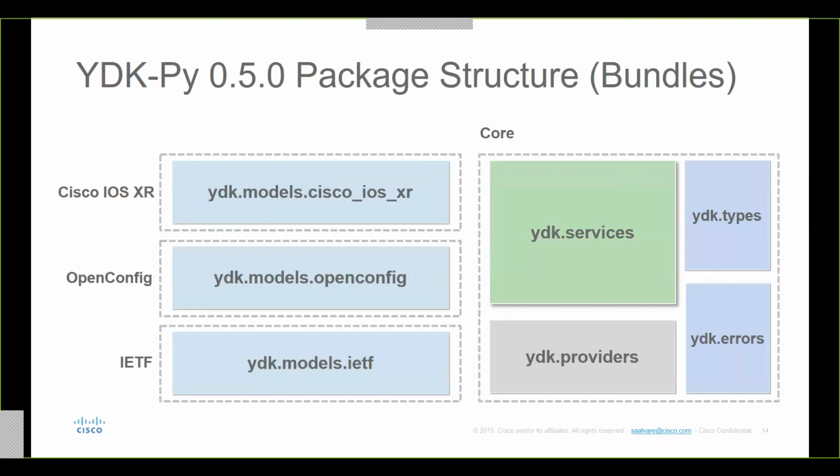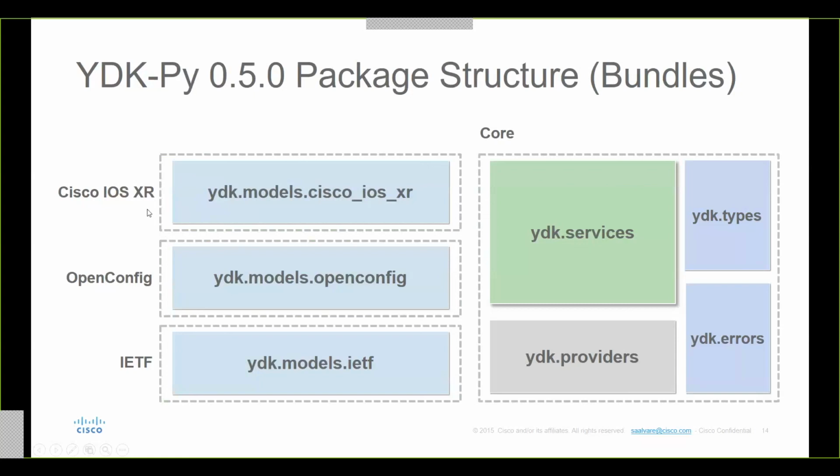So the definition of services and providers, which is the handwritten code, resides in a package that we call the core package. In addition to the core package, you have specific bundles, what we call model bundles, for each model ecosystem, which are the bundles on the left. And this is the stuff that is auto-generated.